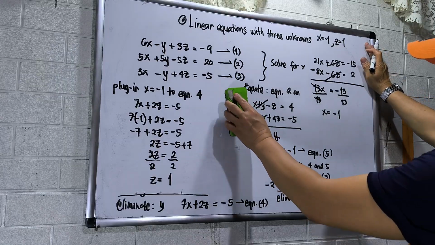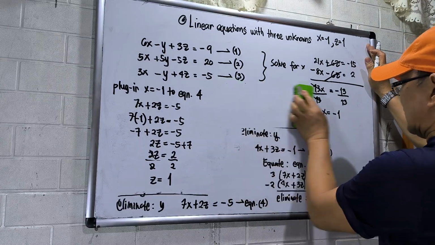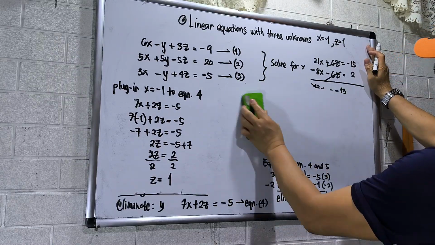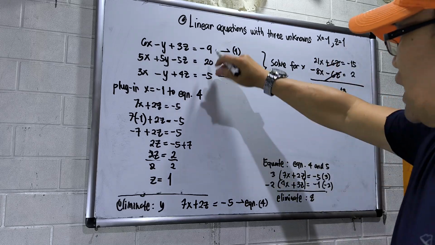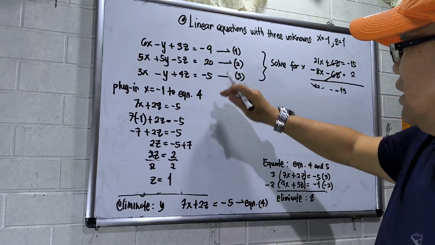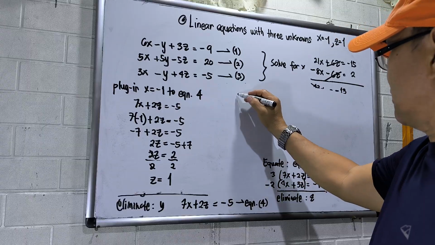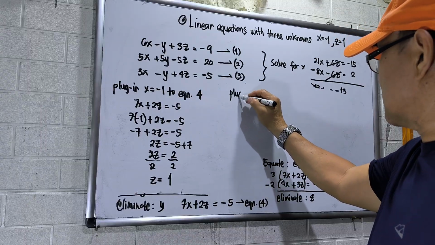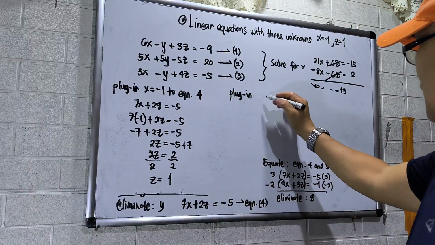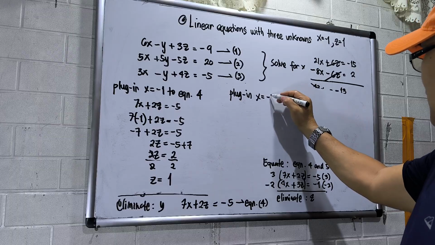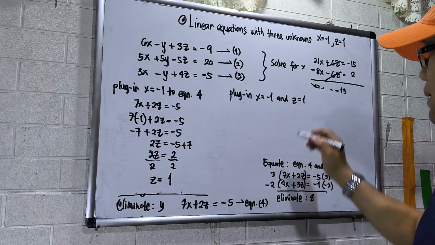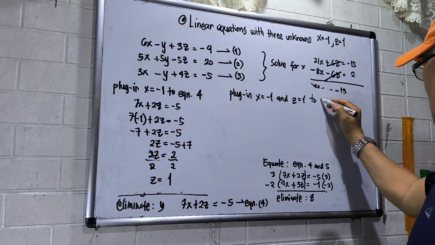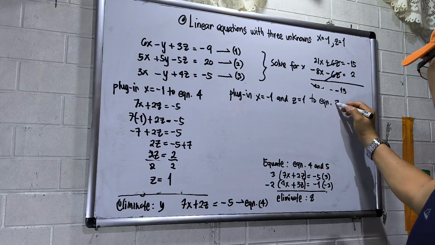Okay? So I will plug in x is negative 1, then z equals positive 1 to either of the 3 equations. I will use equation 3. So plug in x equals negative 1 and z equals positive 1 to equation, let's say 3.